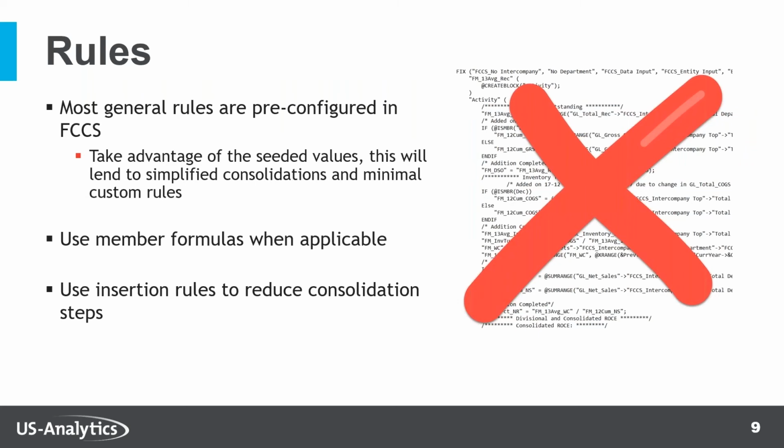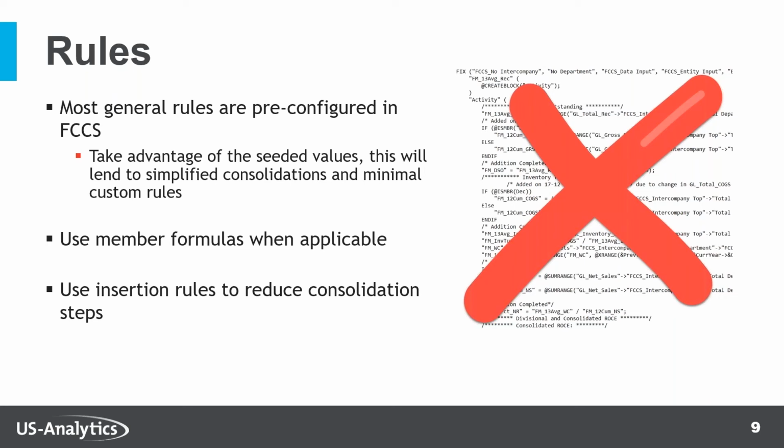Kind of getting into some of the rules. Most of the general rules that you will need are pre-configured in FCCS. All applications across the board need to consolidate data. They need to aggregate it up. They need to be able to view their consolidated totals as well as their consolidating values up the entity dimension, as well as being able to break out intercompany as well.